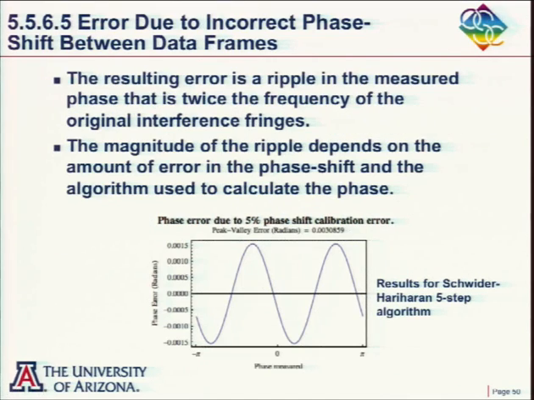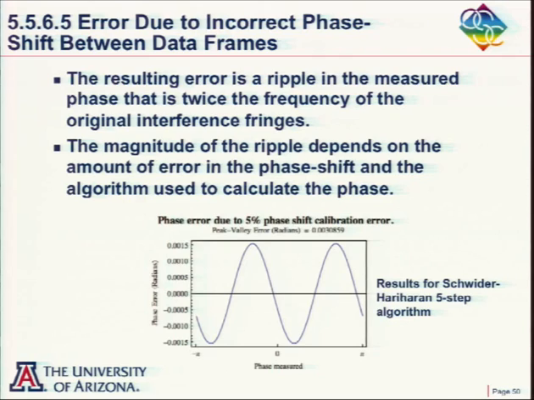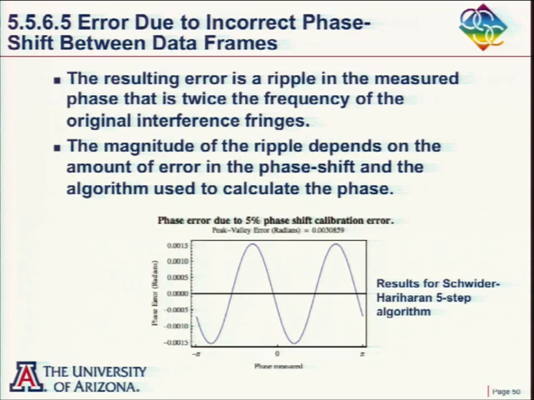So let's get to what drives us absolutely crazy. As I said, stray reflections drive us crazy. The other is an incorrect phase shift. The incorrect phase shift may come from the fact that we didn't calibrate our phase shifter right, or it may come from the fact that we have vibration in the system.